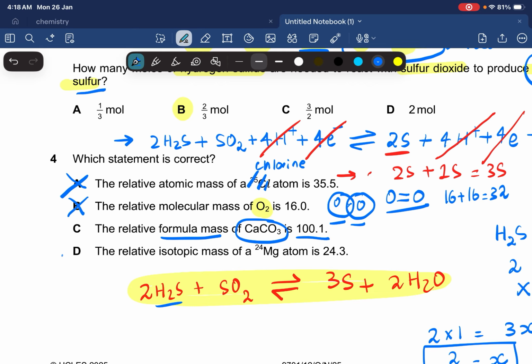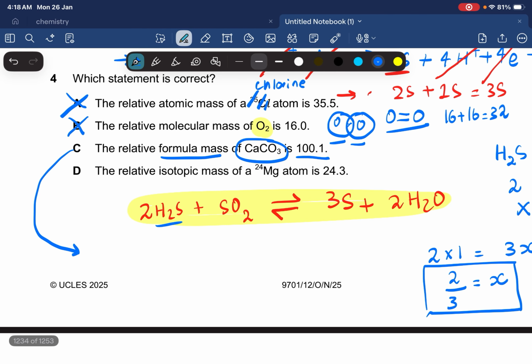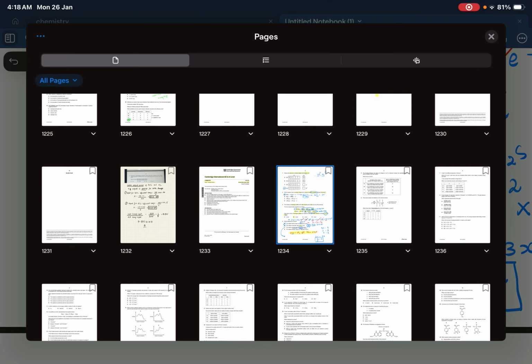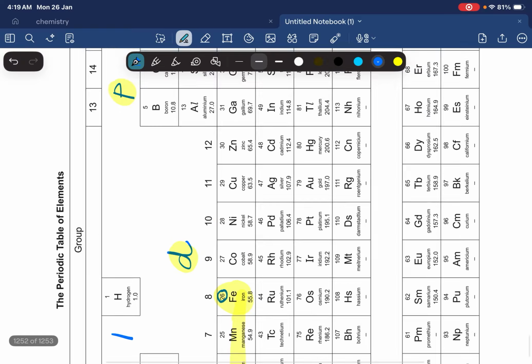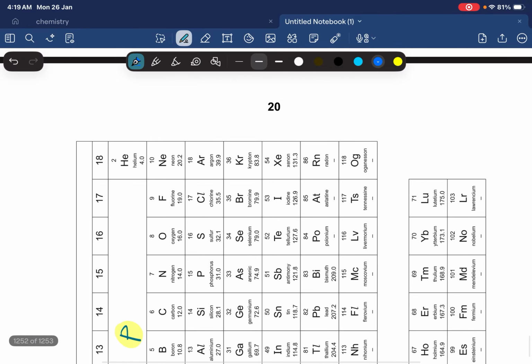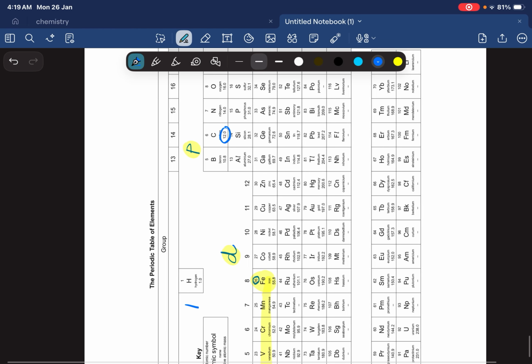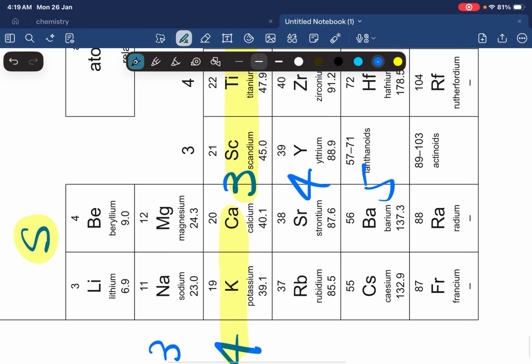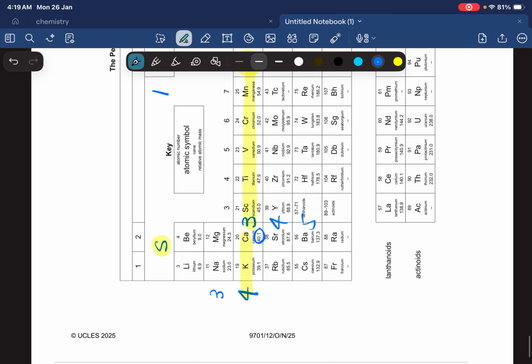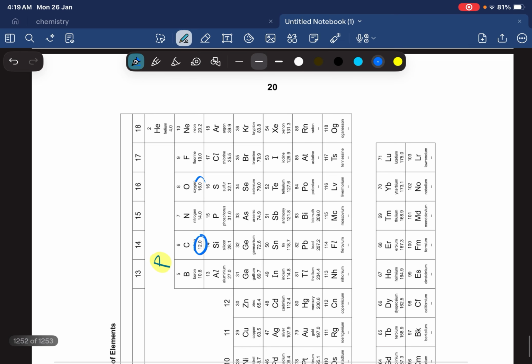The relative formula mass of calcium carbonate is 100.1. So let's calculate the relative formula mass for calcium carbonate. For that, we need the mass of calcium, carbon, and 3 times the mass of oxygen. So we're going to go to the periodic table. For carbon, it's 12.0. For calcium, it's 40.1. And for oxygen, it's 16.